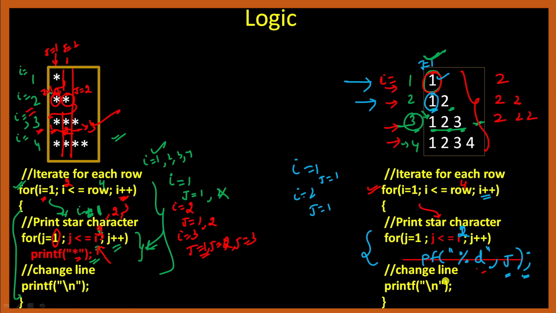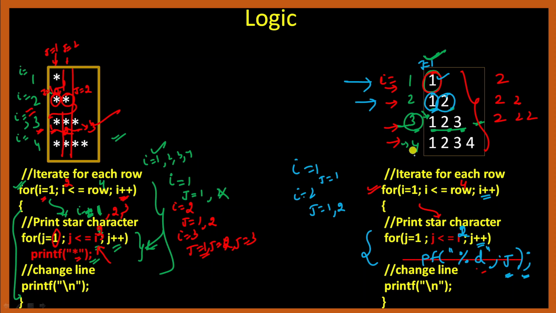Next time j will be incremented and j value is 2. And we are coming here and we are saying print this new value of j, that is 2. So 2 will be printed, right? So the value of j was changing. Now we are using that value of j so that we can get this 1 and 2.